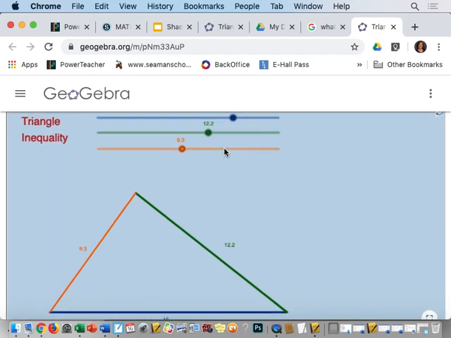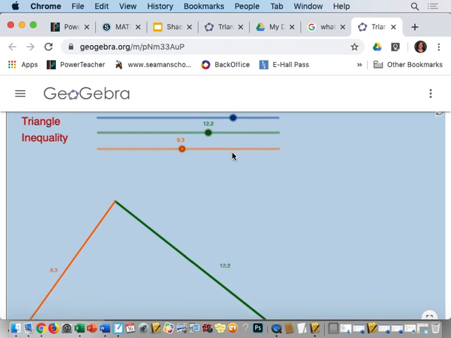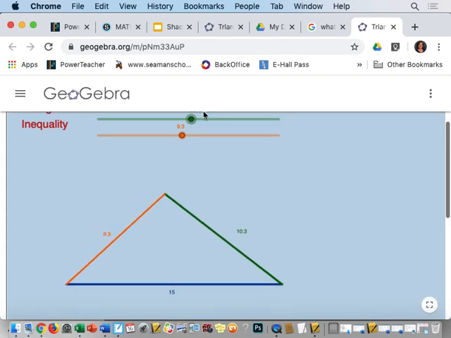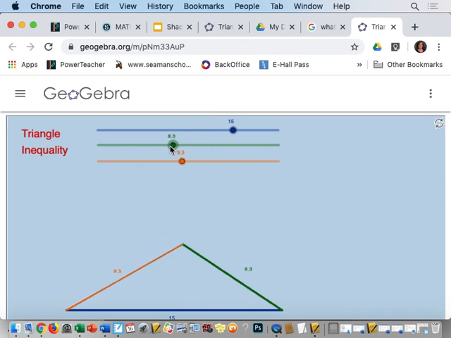On your notes packet, what is the length of the blue side supposed to be? 15. And what is the length of the green supposed to be? 4. Drag this down to 4. My triangle has disappeared. Now it says explore what the lengths of the yellow side could be.